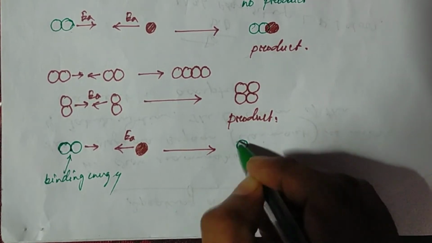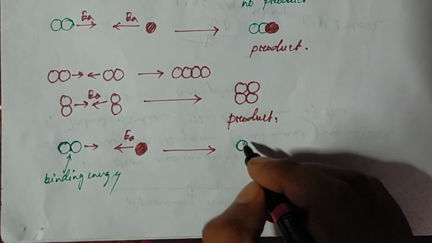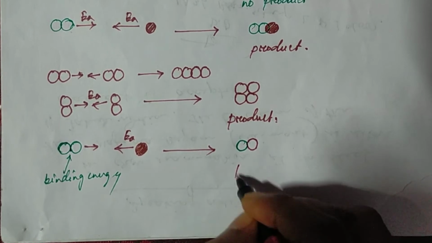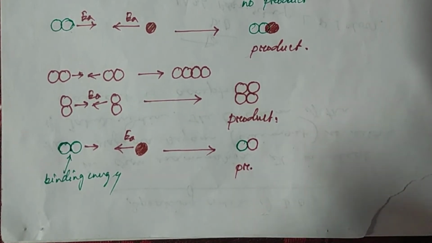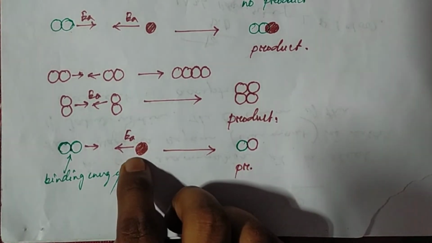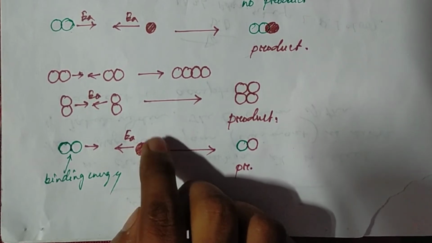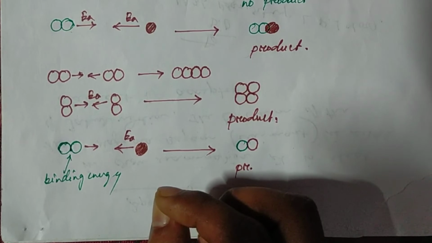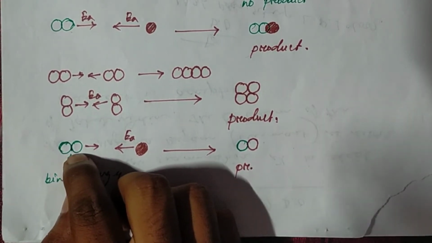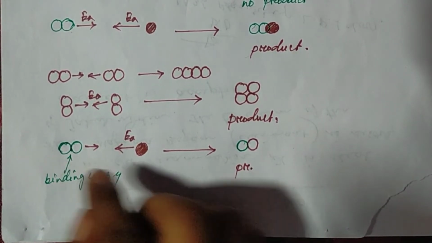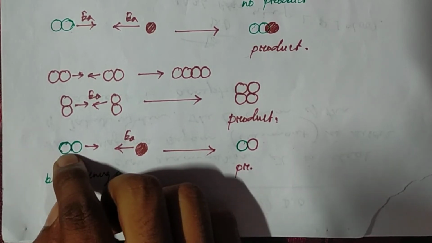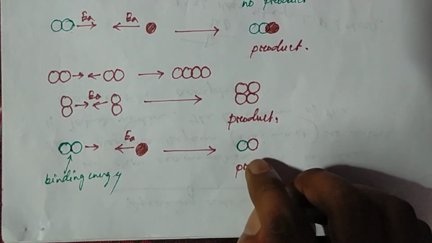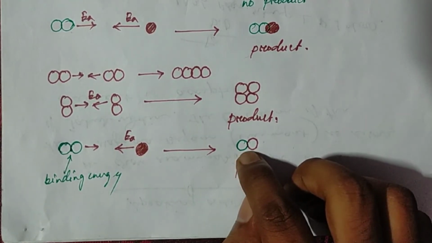Suppose this one and this one, this is a product. So that means this colliding molecule has the sufficient energy to remove this atom and break this bond, and there is a formation of a new bond.